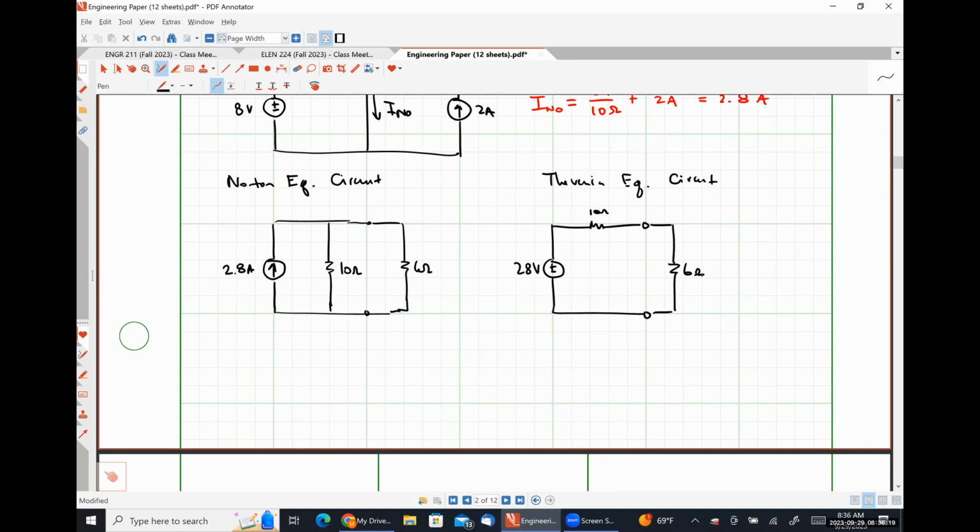So both of these circuits are electrically equivalent to our original circuit, which means they're electrically equivalent to each other. So hopefully surprising absolutely no one, the Thevenin equivalent circuit is the source transformation of the Norton equivalent circuit and vice versa.